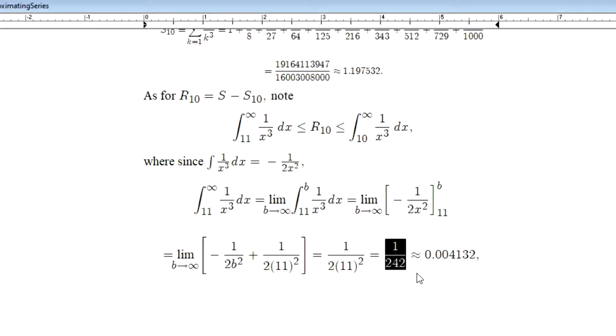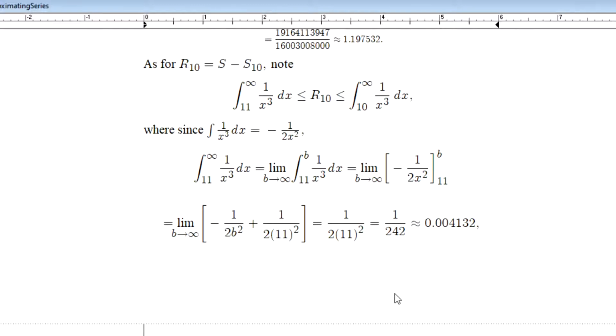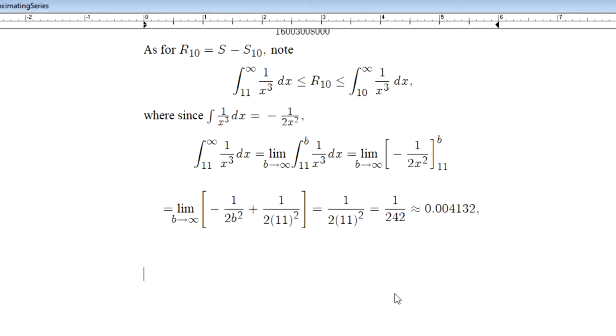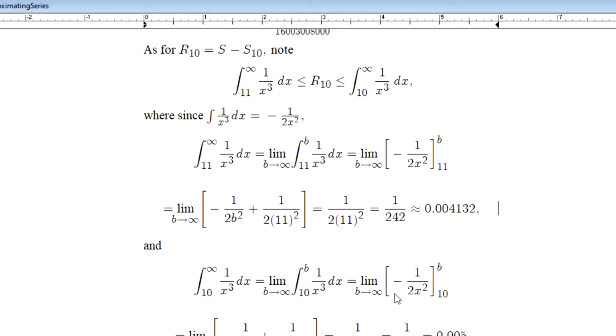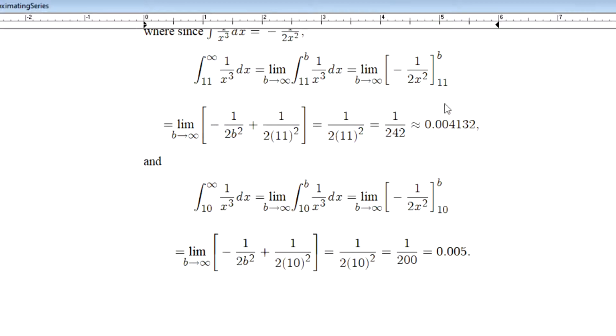As for what it's smaller than, we consider a similar integral, but now for the case of 10 being our lower bound in the integration. The exact same antiderivative and setup is used, but now we evaluate across the bounds from 10 to b, which gives us this result in the interior.